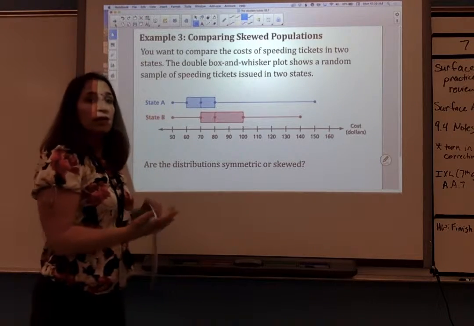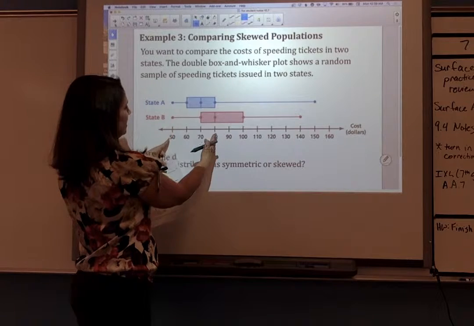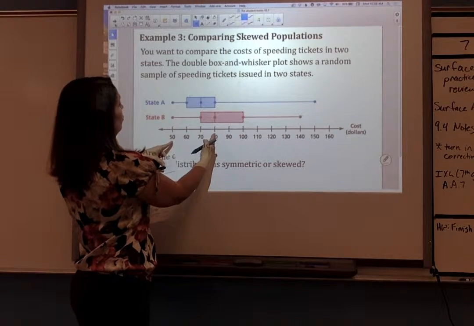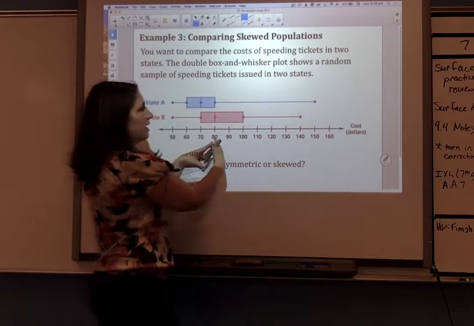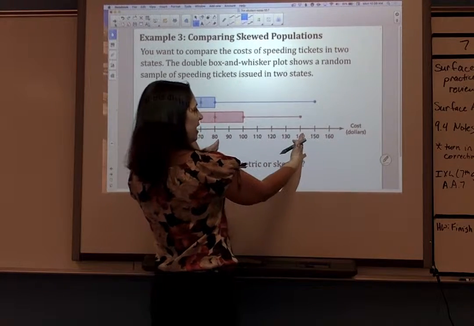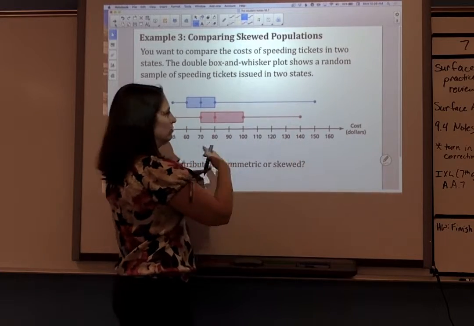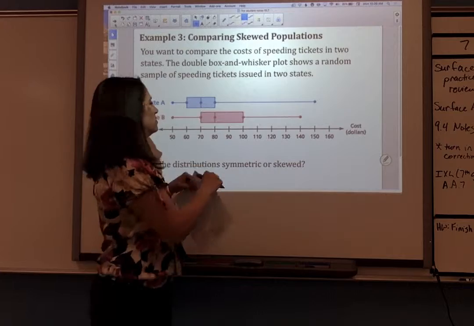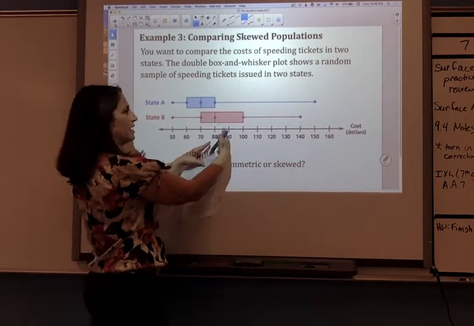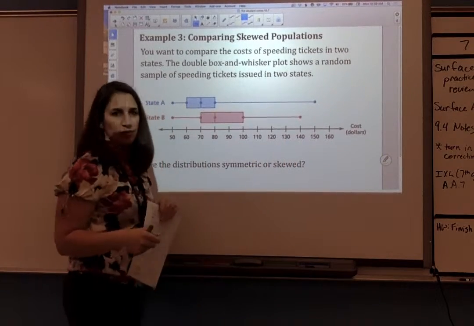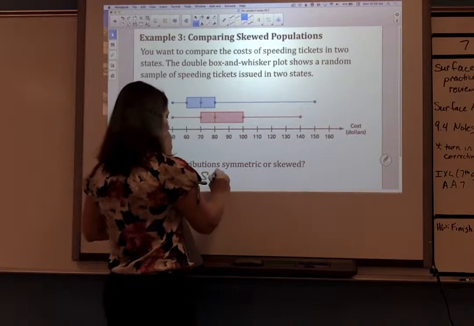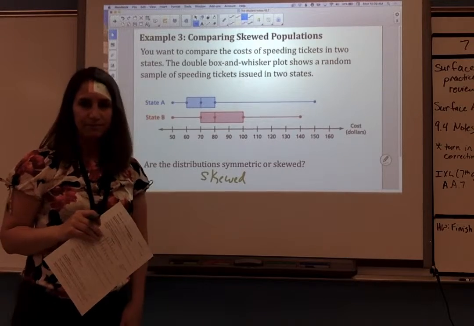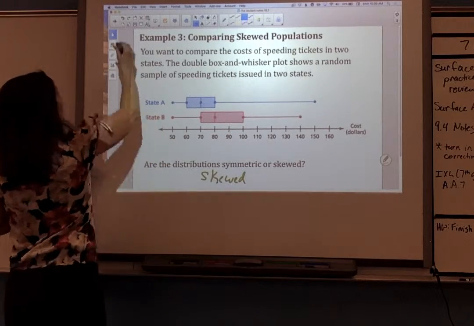We can see that the 2 sides are closer, but the bottom half of the data is spread between $30, or not miles per hour, dollars, sorry, cost. So this is spread out among $30, and this is spread out among $60. So both of these are skewed data samples.